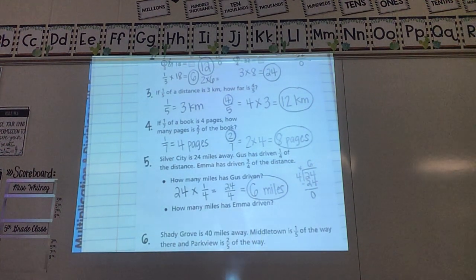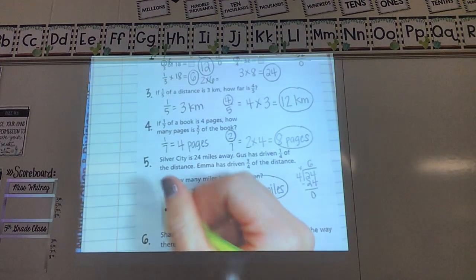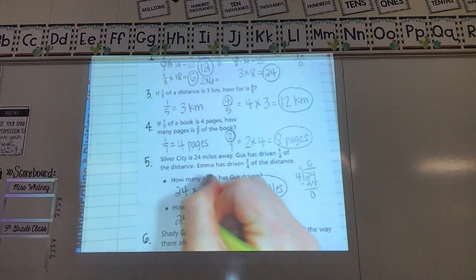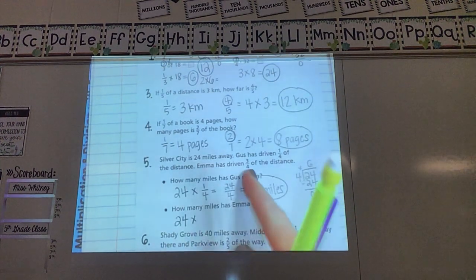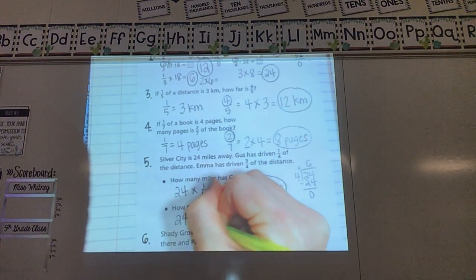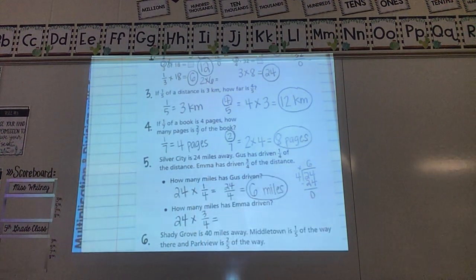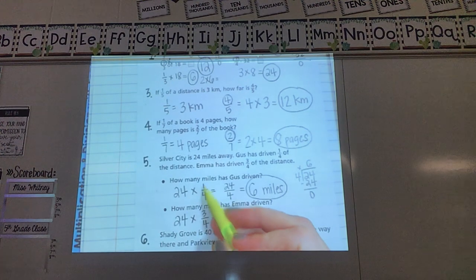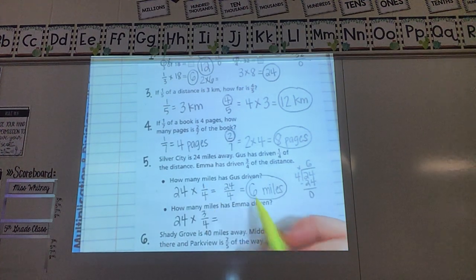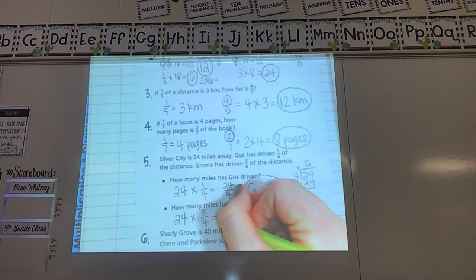All right, well, how many miles is it to Silver City? 24 times, how far has Emma driven? 3/4. Now, we could multiply that out, or we could use our trick. We already know that 24 times 1/4 was 6. So we know 1/4 is 6.